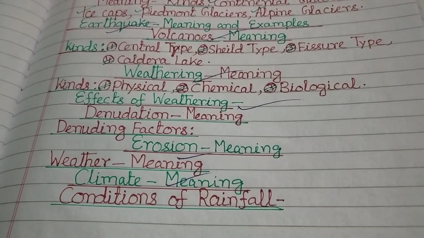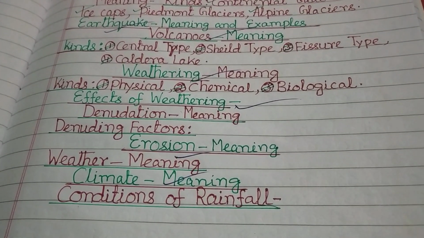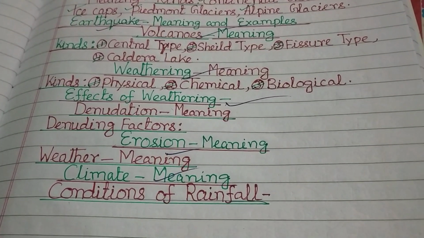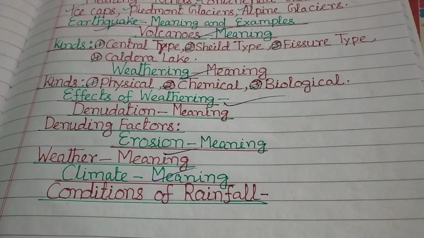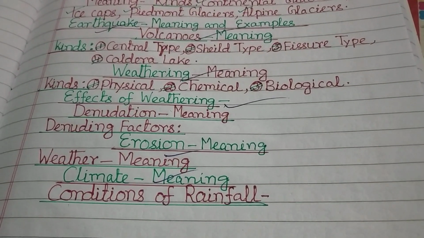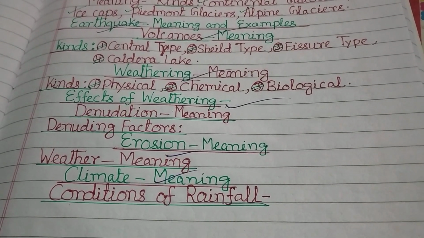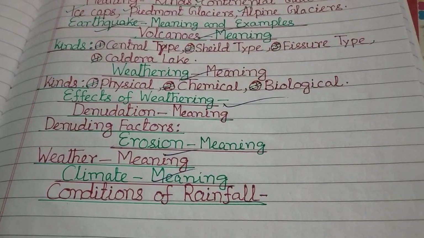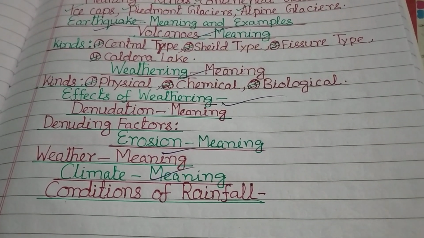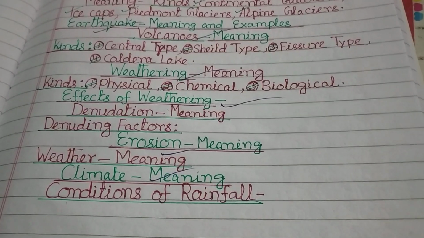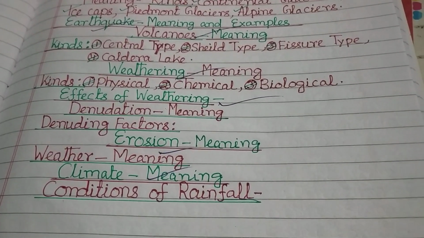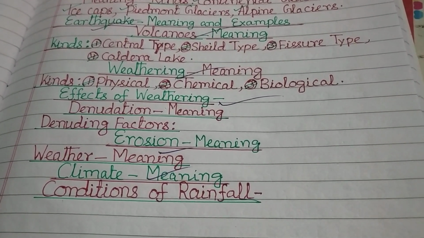Atmospheric water contains oxygen, carbon, sulfur, hydrogen, etc. And the air also contains oxygen, nitrogen, carbon dioxide. High levels of temperature and water content enhance the pace of chemical reactions.